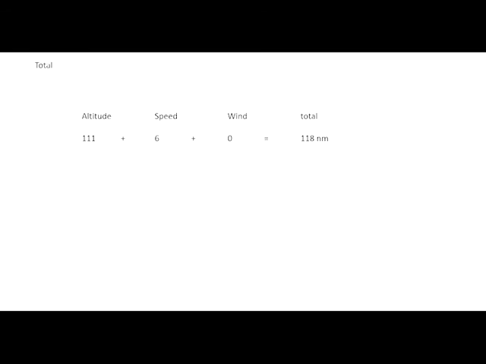So the grand total is 111 nautical miles for the altitude, 6 miles for the speed, and 0 miles for the wind. Total, you need 118 nautical miles to do a complete idle descent from cruise down to 1,000 feet on the glide slope.